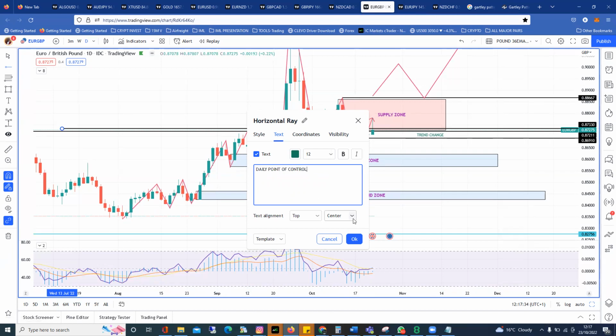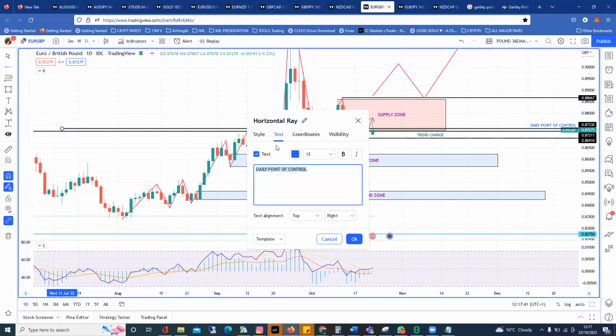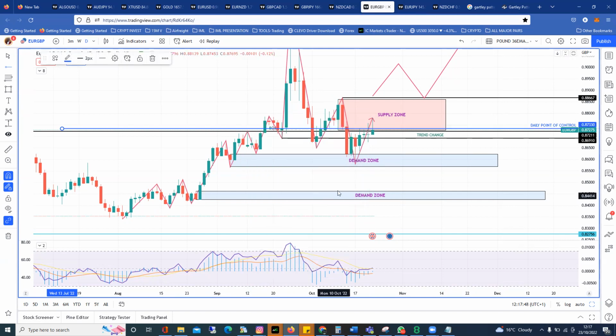So I like to shift that to the right. I like this blue because it's daily, and I like to make this blue as well, just for me to know that it's daily.